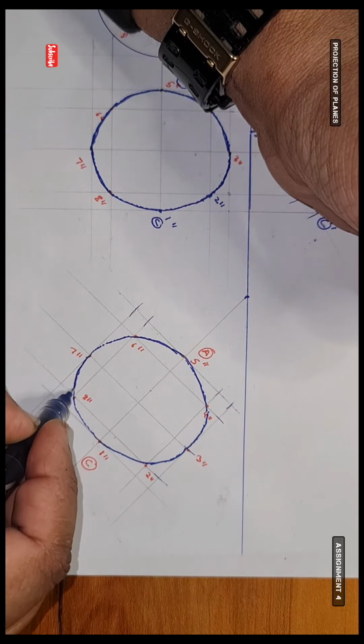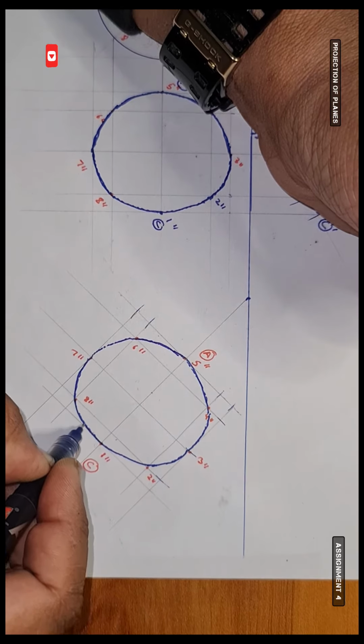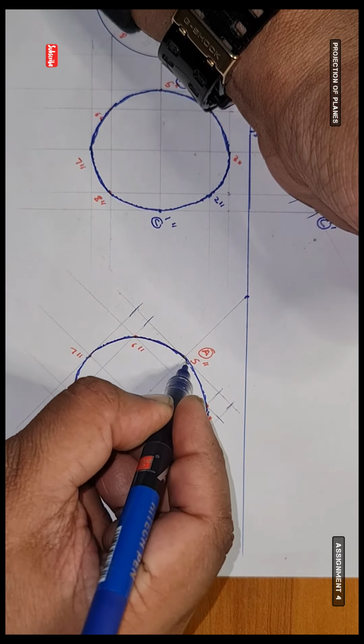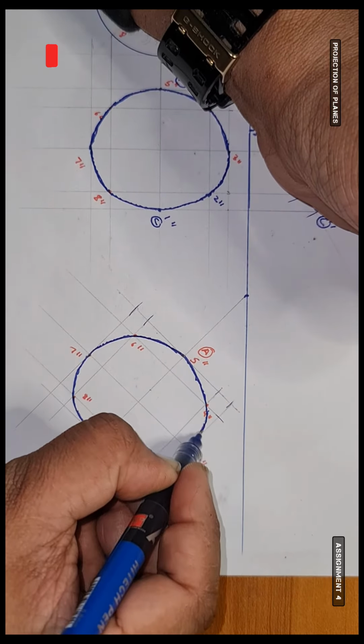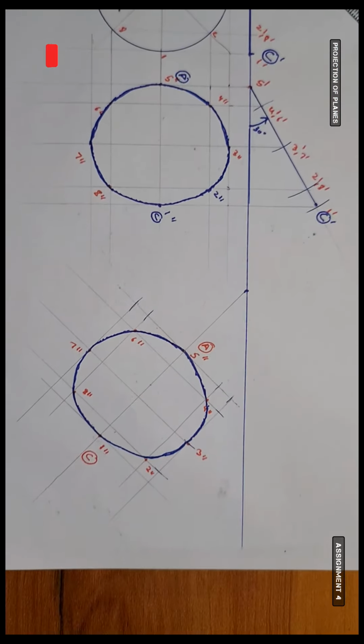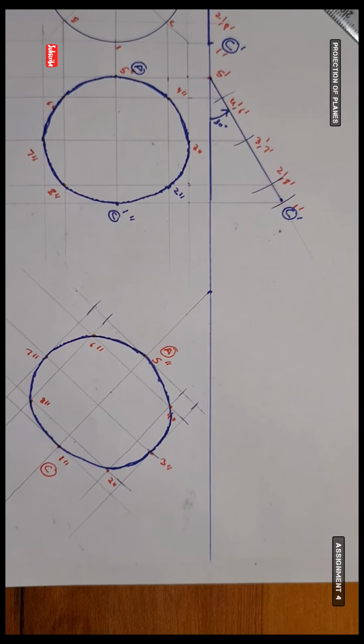You have to join all the points and make it dark. So you will get a perfect top view.